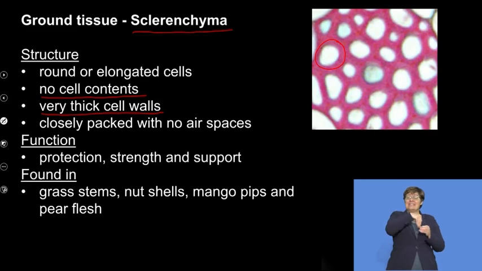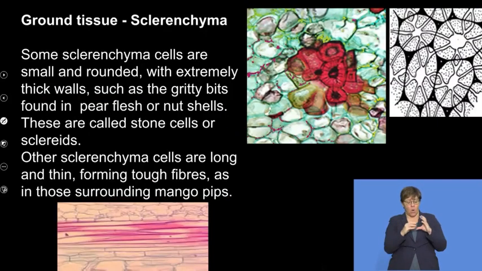Because their walls are very thick, they do a wonderful job of support and protection. For example, grass stems, nutshells, pear flesh, and mango pips. And let me tell you, Sclerenchyma, you wouldn't like to eat it because it really is tough.